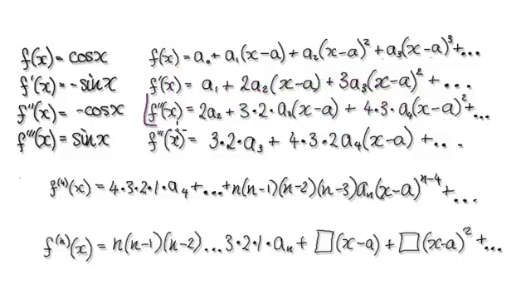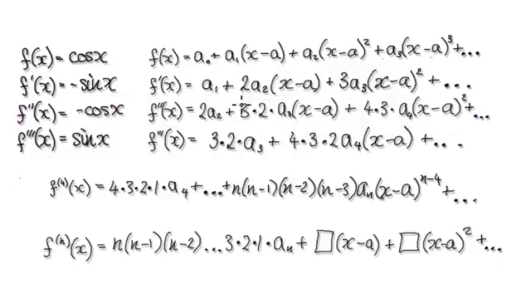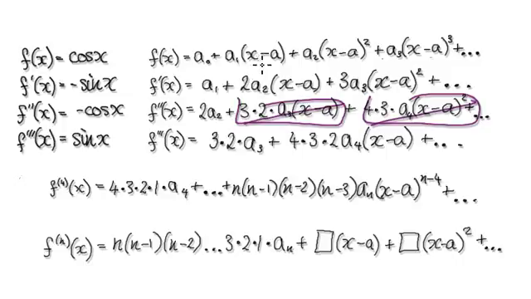So by demanding the second derivative to match up at x equals a, your coefficient a2 would be f double prime evaluated at a, divided by 2. That would then give you a second coefficient.